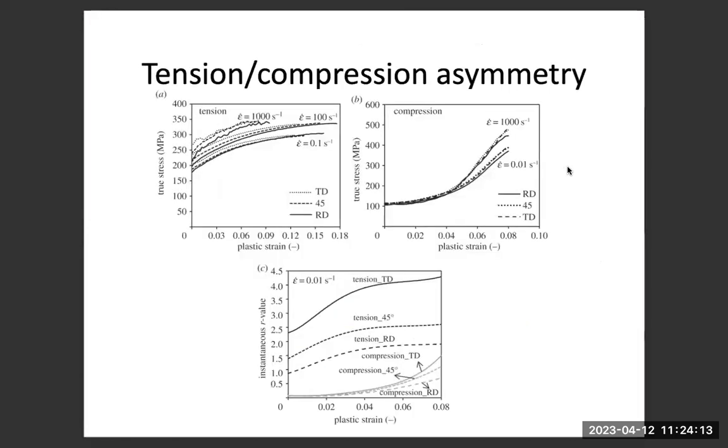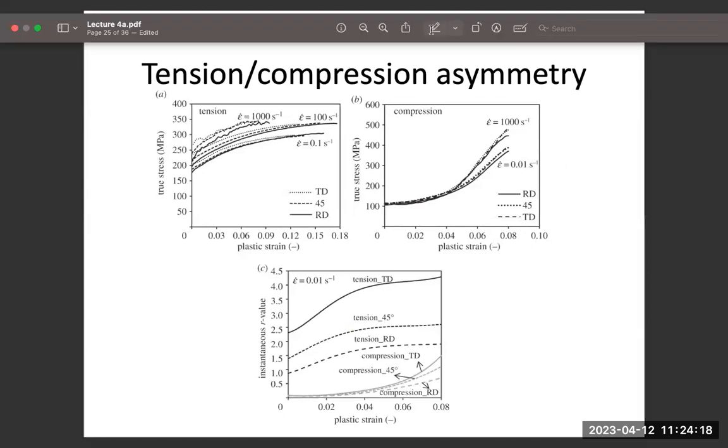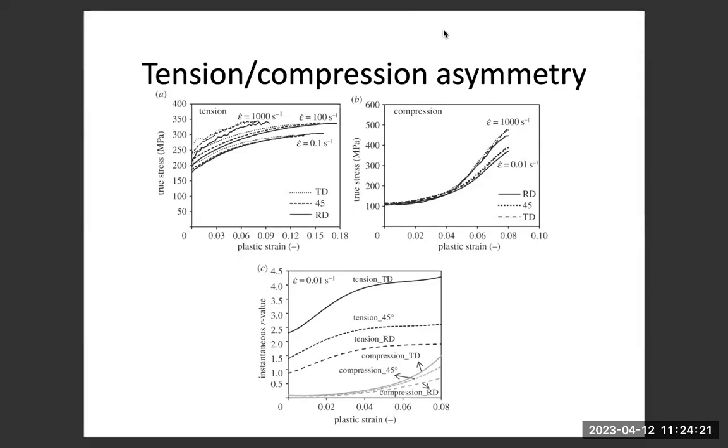Of course, for BCC, we have tension-compression asymmetry. What I mean by that is, under tension, we have elasticity and plasticity, but the tensile strength under compression is greater than the tensile stress under tension.